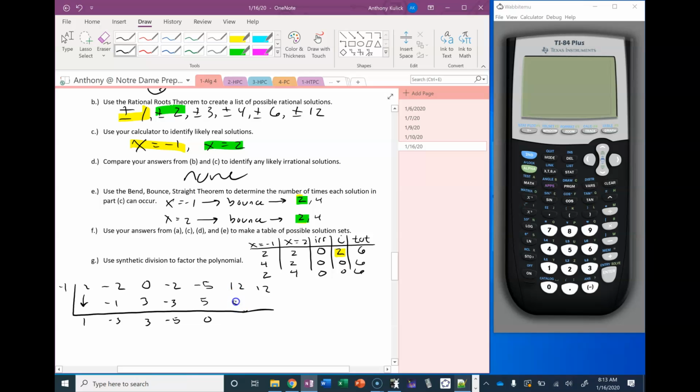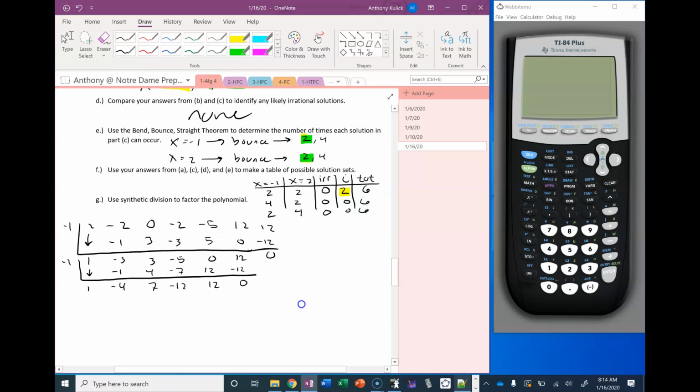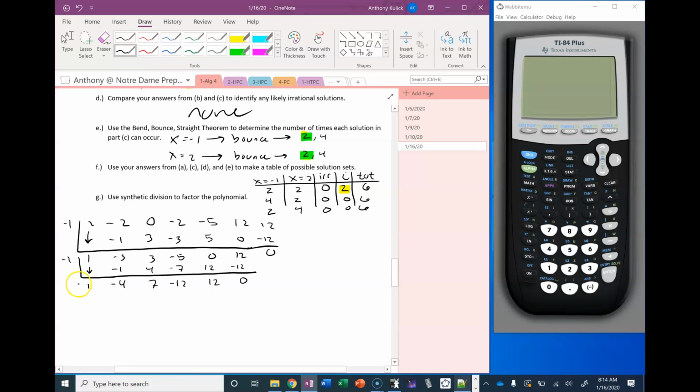Did it matter which one I picked, whether I did +2 or -1? Nah. Now, that worked once. I know it's going to work at least twice, so I'm just going to do it again. Now, I don't know if it's going to work 4 times, but I do know that positive 2 is going to work twice.